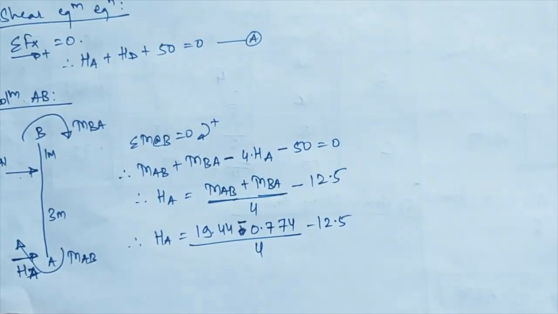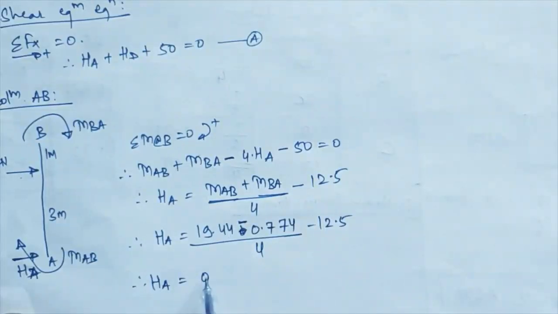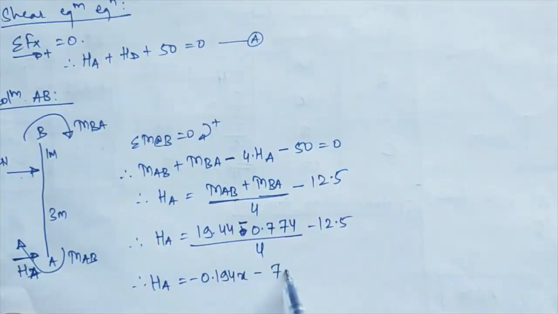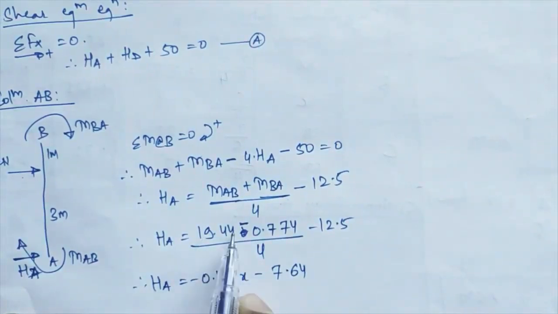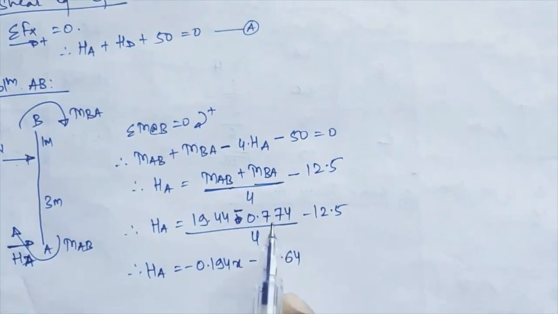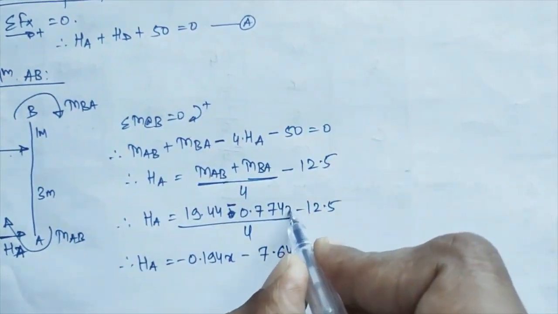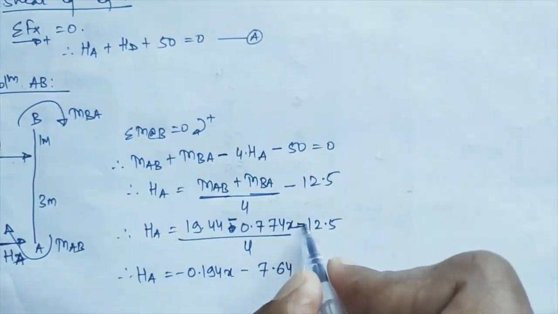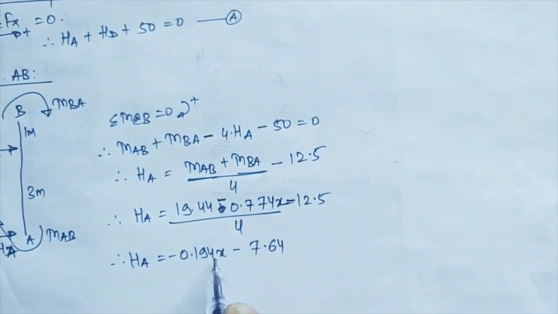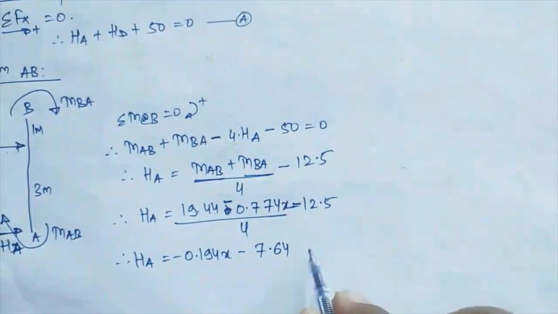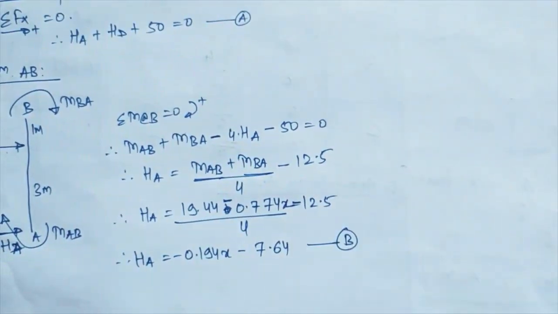Simplifying, 19.44 divided by 4 minus 12.5 gives minus 7.64, and 0.774 divided by 4 multiplied by x gives minus 0.194x. This will be my equation number B.